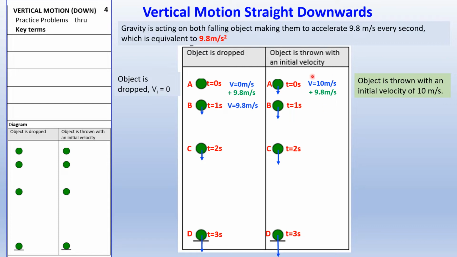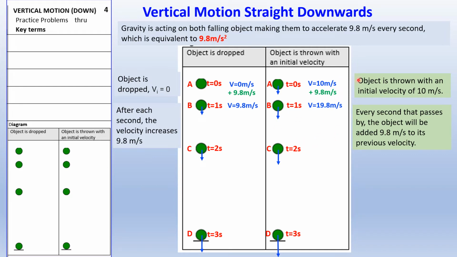And here I need to add 9.8 meters per second to the prior velocity, and now I have 19.8 meters per second, which means after each second the velocity increases 9.8 meters per second because it's accelerating.